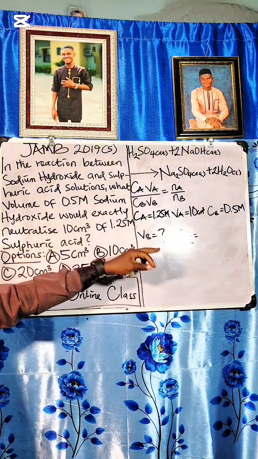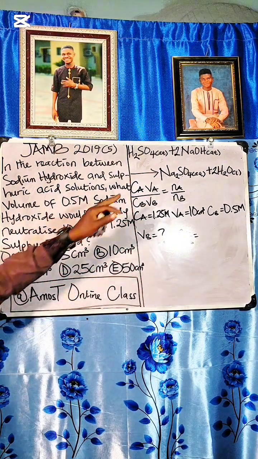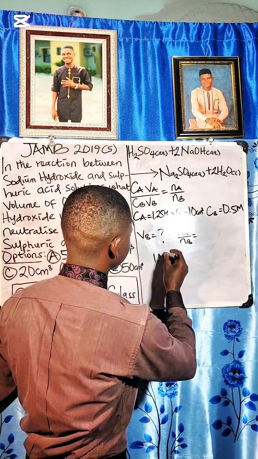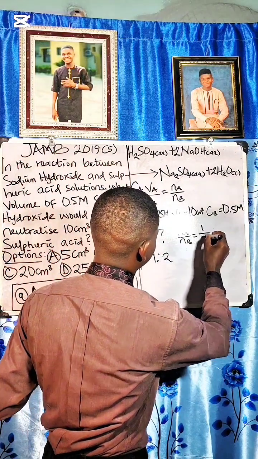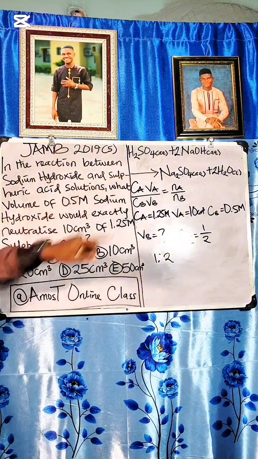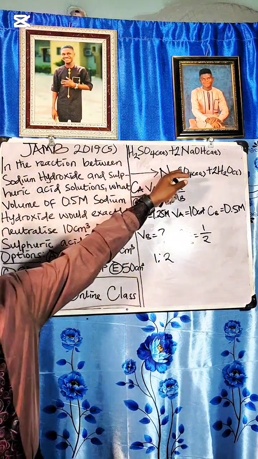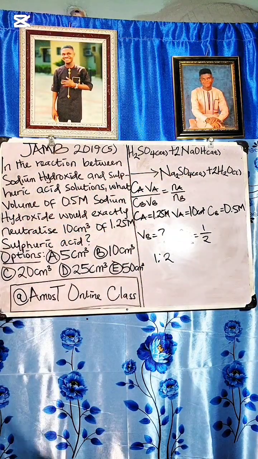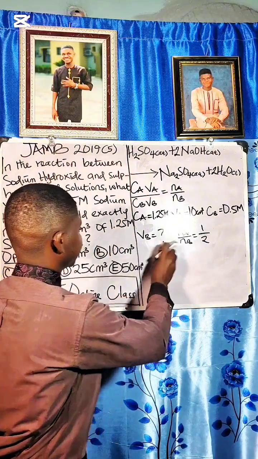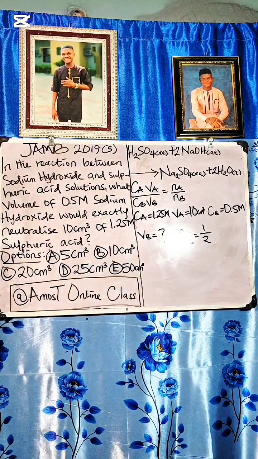So the acid to base ratio is 1:2, because there is 1 mole of sulfuric acid reacting with 2 moles of sodium hydroxide, which is a base. So we're done with that.